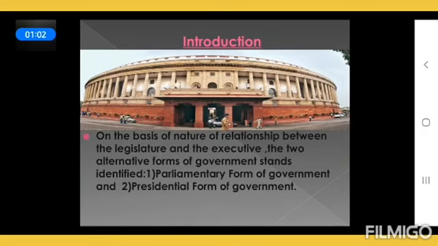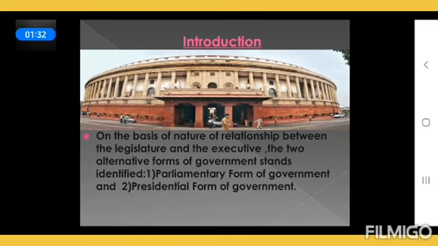Introduction. On the basis of the nature of the relationship between the legislature and the executive, two alternative forms of government are identified: the parliamentary form and the presidential form of government. The parliamentary form of government postulates a close relationship between the legislature, which is the lawmaking body, and the executive, which is the law implementing body.